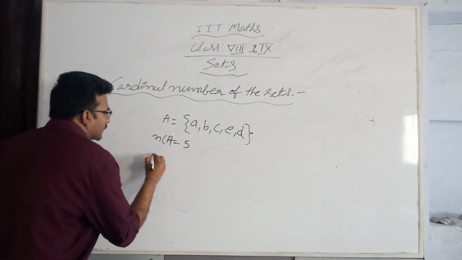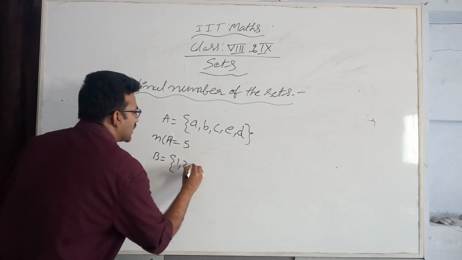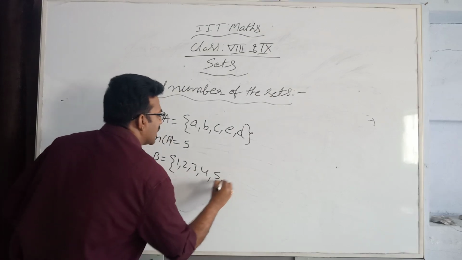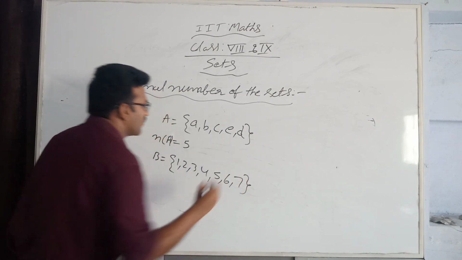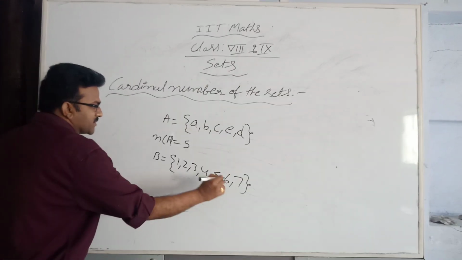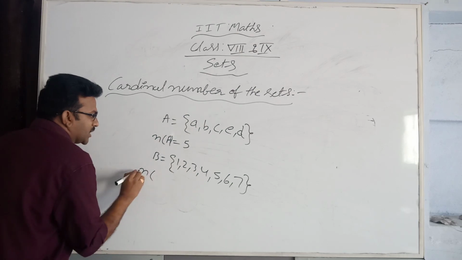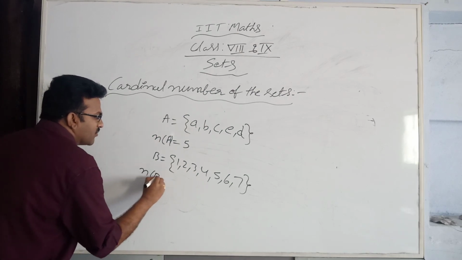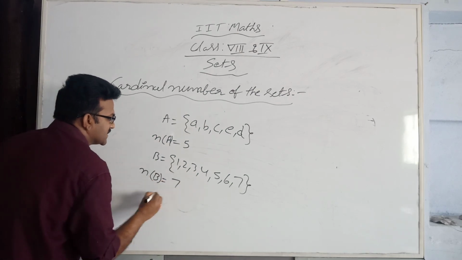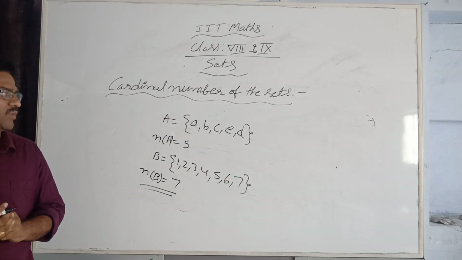Next, B is equal 1, 2, 3, 4, 5, 6, 7. Then what is the cardinal number of this set? 7. How many elements are present in this? 7. Then we are going to represent the cardinal number of B as n of B is equal to 7. In this we have two types of the formulae.